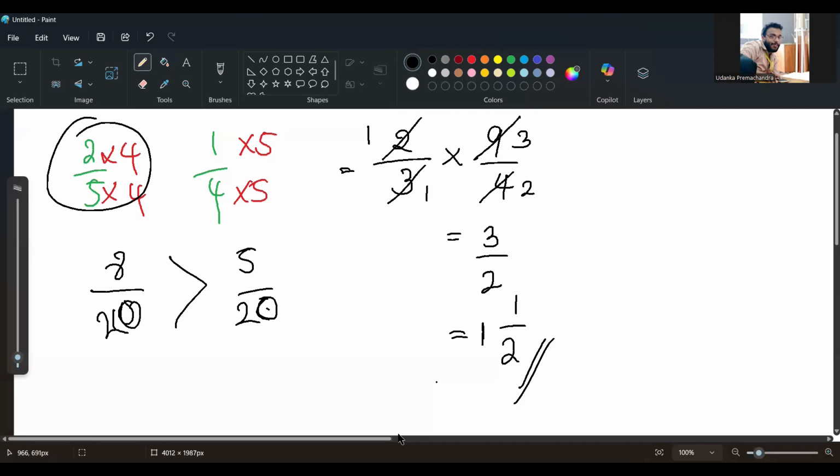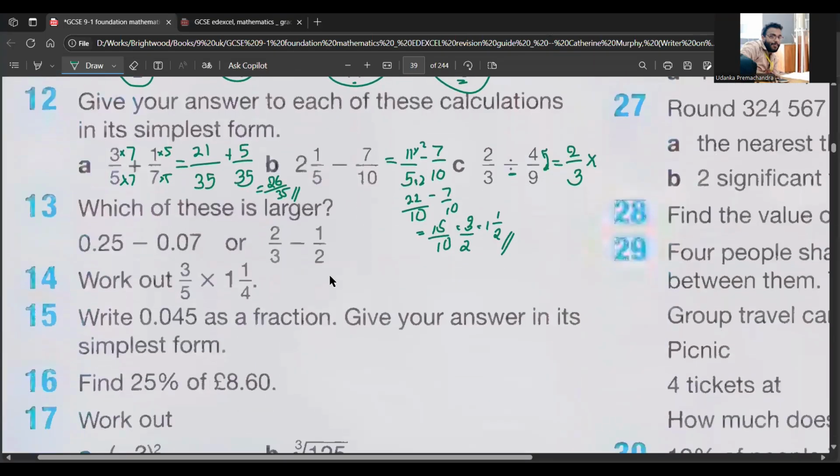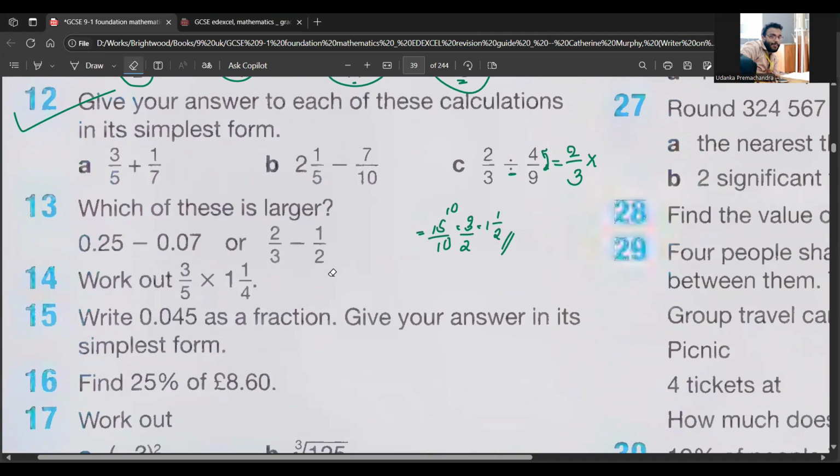Okay. Now they are asking, that's all finished. Which is larger? Now you have to get the answers and you have to think. Okay, what is the larger? Shall you do? Yes, sir.